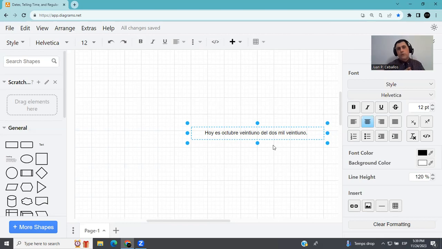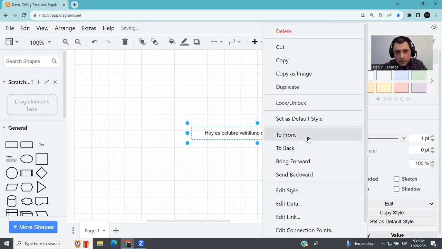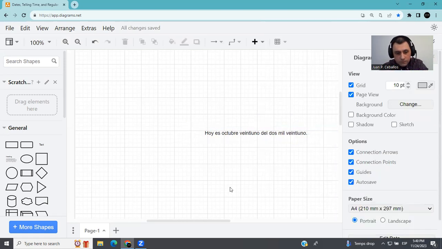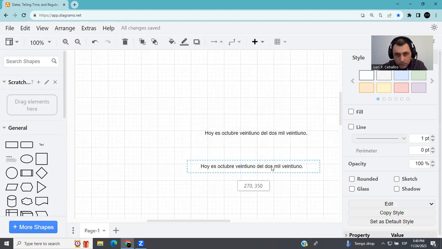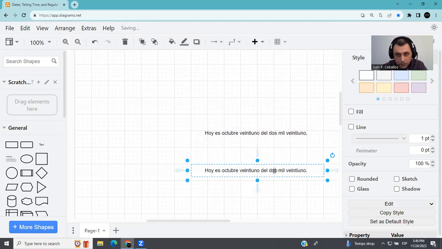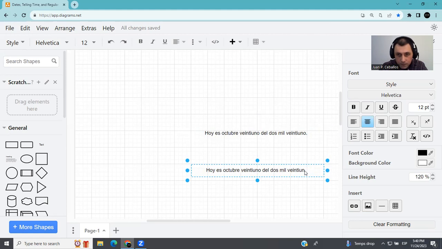Now, I'm going to give you another example in English. I'm going to say, for example, today is October 21st of 1999. That will be hoy es octubre 21 de 1999.